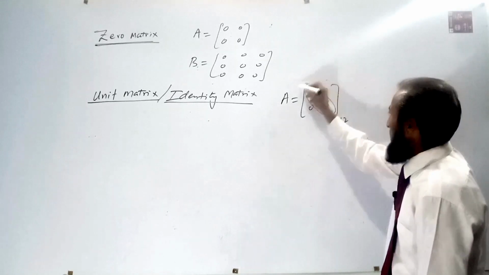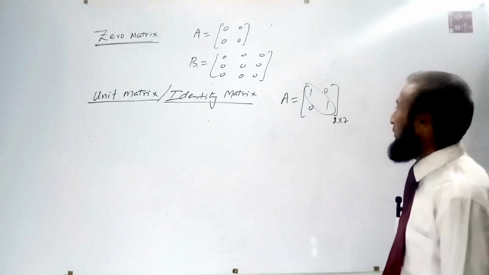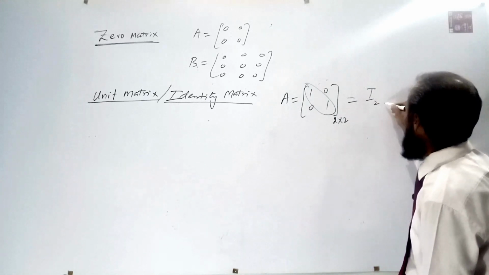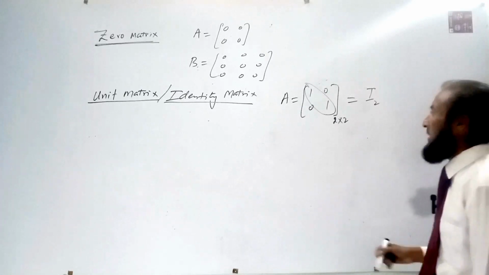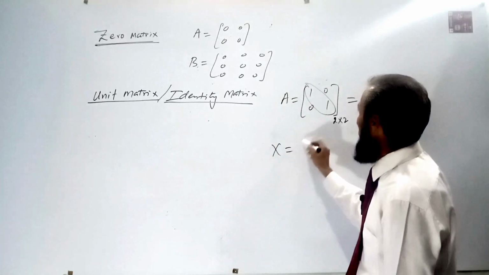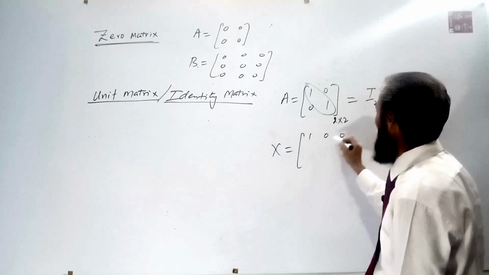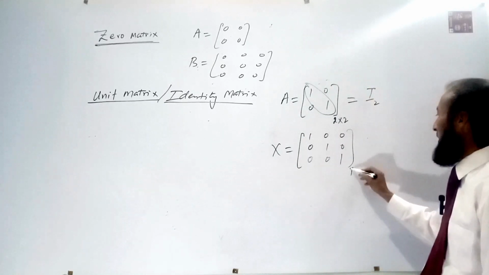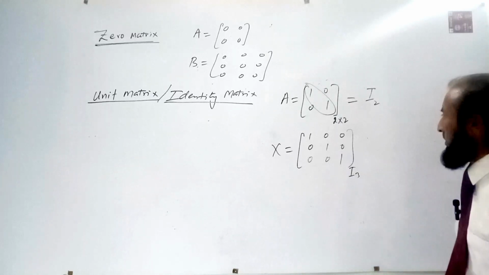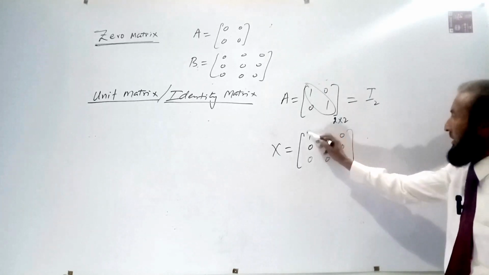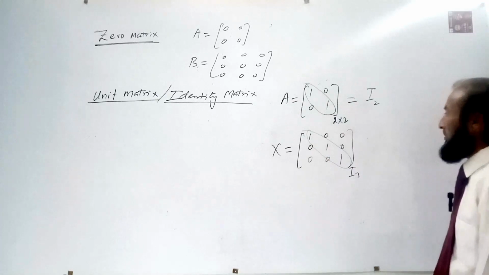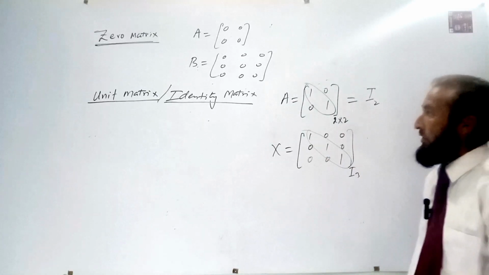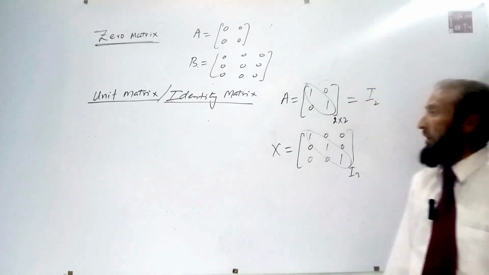The main diagonal must be 1, 1, so that will be called a unit matrix, and it is represented by I2, or I 2 cross 2. Similarly, X is equal to 1, 0, 0, 0, 1, 0, 0, 0, 1. So that will be identity of order 3 cross 3. The principal diagonal elements must be equal to 1. That is called a unit matrix, or identity matrix.